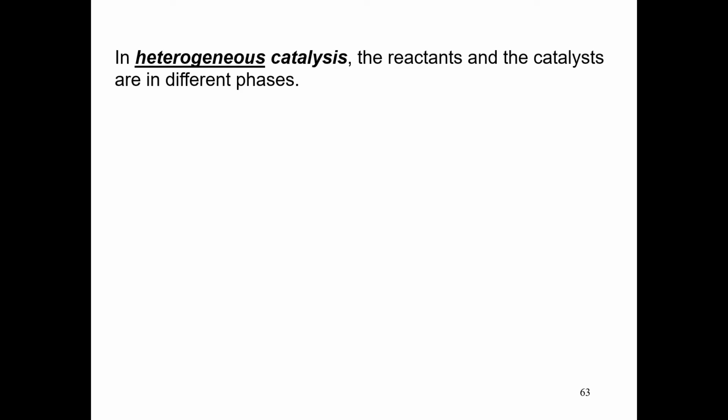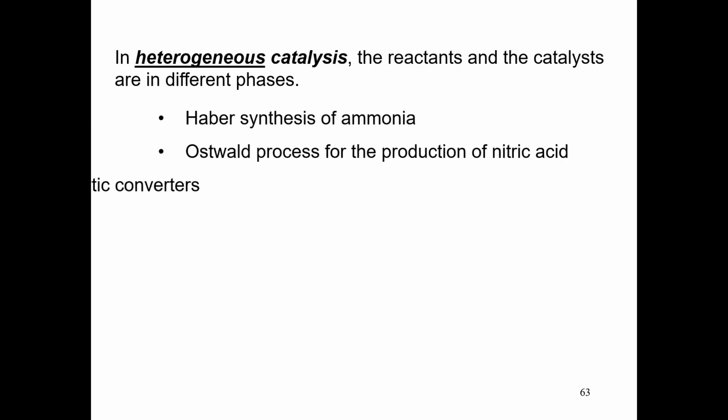So when we study catalysts, we can distinguish between different categories. For example, in heterogeneous catalysis, the reactants and the catalysts are in different phases. And here are some examples of some processes.